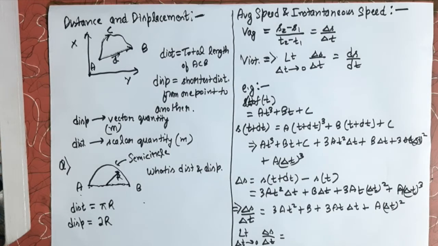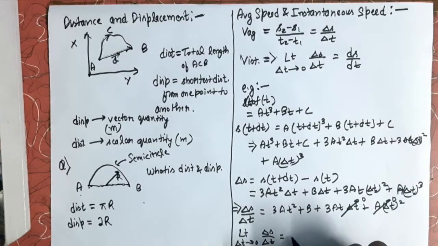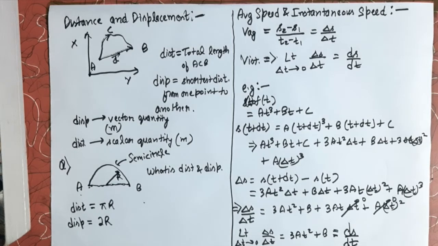This becomes 0, this becomes 0, and this is nothing but 3a t square plus b. What is this? This is nothing but ds by dt. So I have proved that V instantaneous is limit delta t tends to 0 of delta s by delta t, which is nothing but ds by dt.